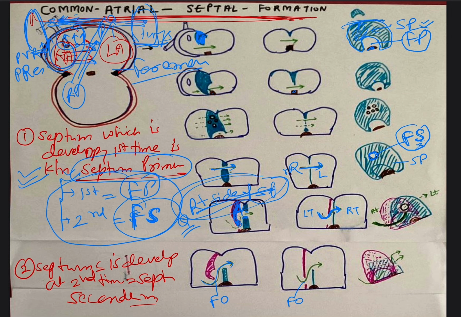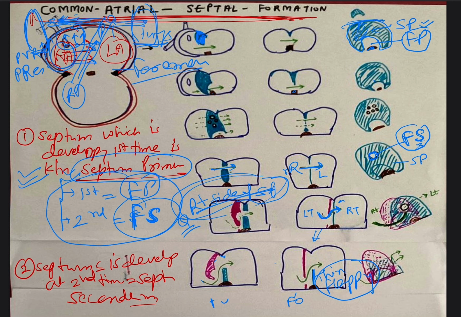If you look carefully, what happens? The upper portion of septum primum degenerates in the next stage. You are not able to visualize the upper portion of septum primum, and the lowermost portion of septum primum is thin and flappy, so it works like a flap.